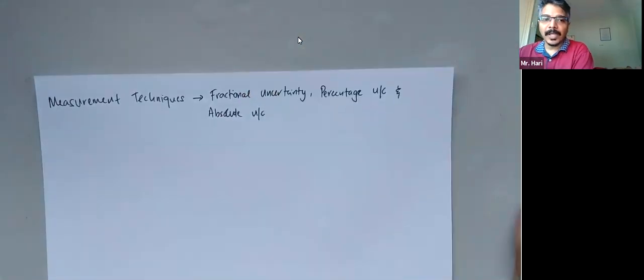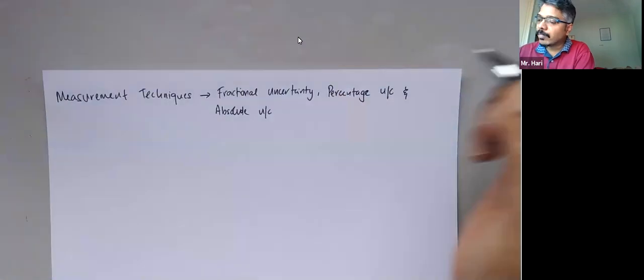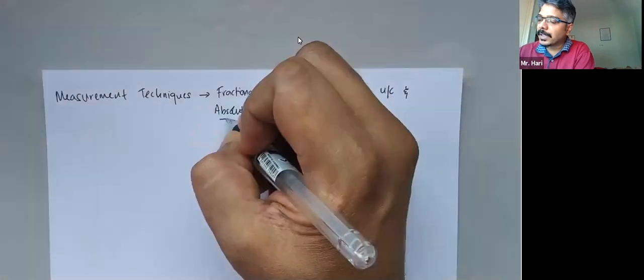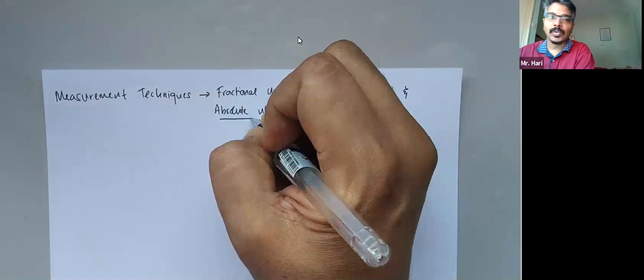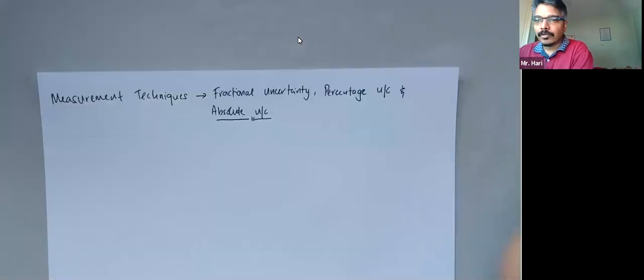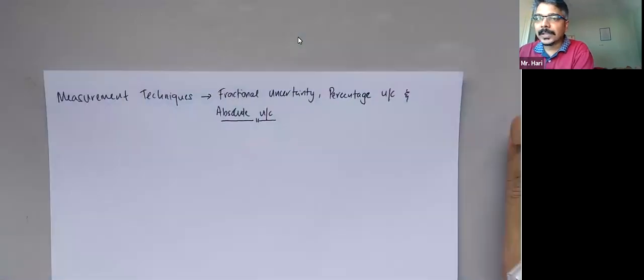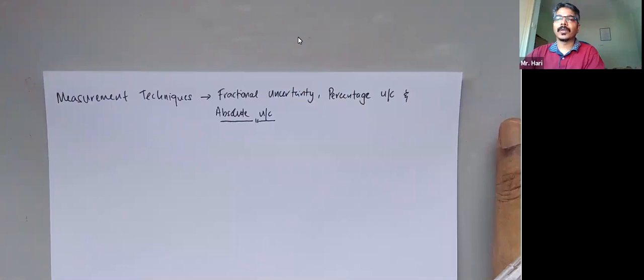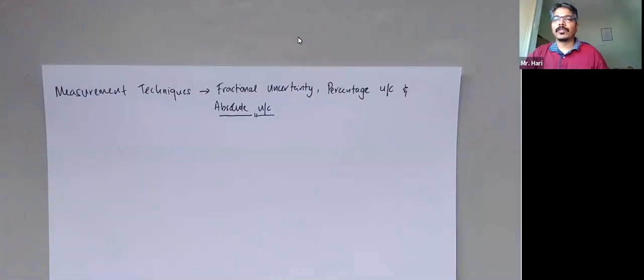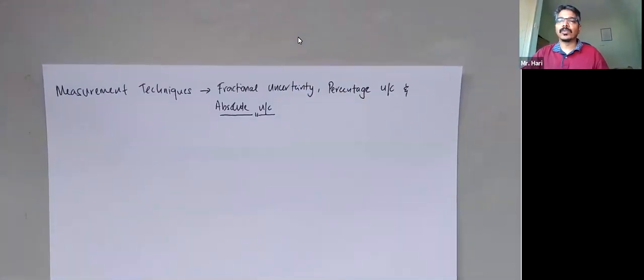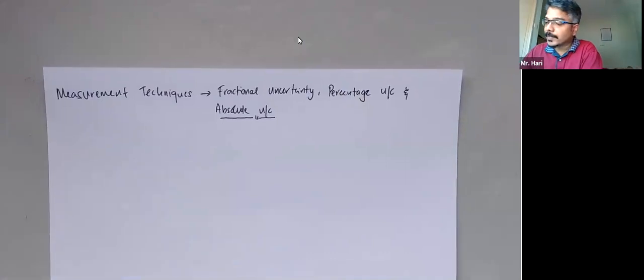I found that many students have problems calculating the absolute uncertainty for a physical quantity, which you need to calculate using a particular formula. So this is what we're going to discuss for today's lesson.